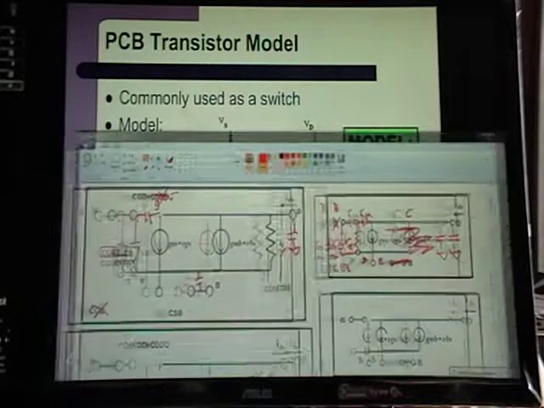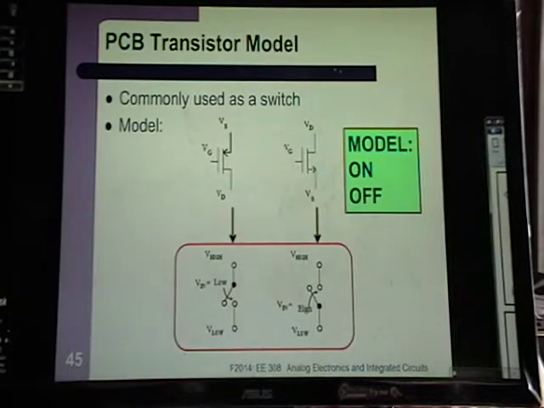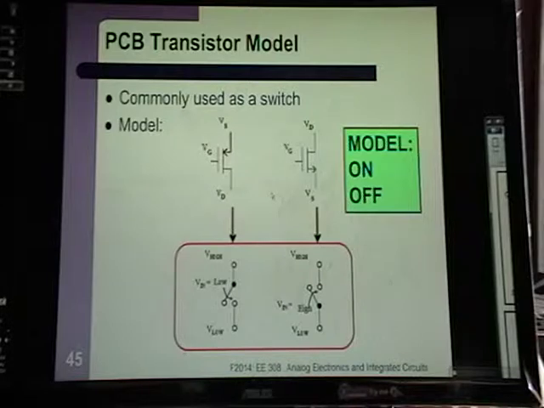Okay. So just to remind you that things are modeled in various ways, and those models are useful when you're doing circuit analysis. You don't have to, but to make your job easiest, you always want to pick the simplest model that is going to allow you to analyze that circuit.